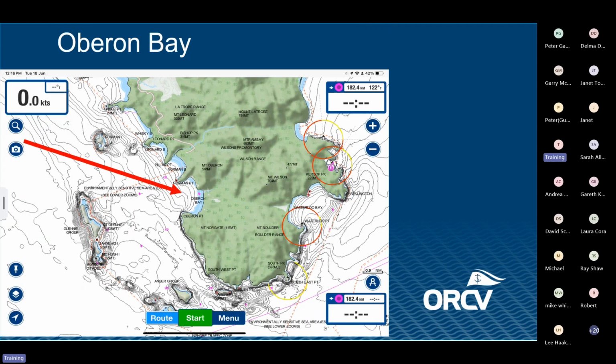If we look at our next place to go, you remember in that slide, there were strong easterlies. When you've got strong easterlies, you don't want to be over here at Refuge Cove because it is quite unpleasant there. So that's Refuge over there. And this is Oberon Bay.